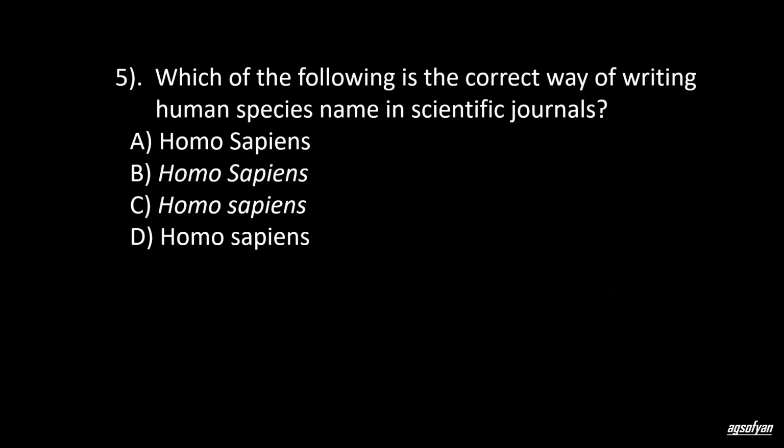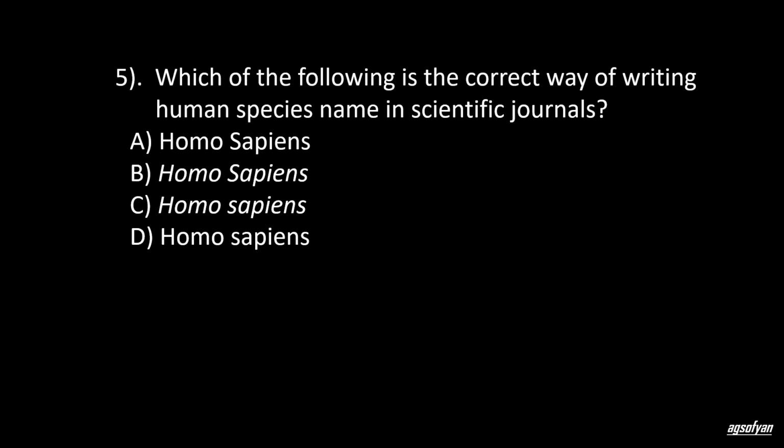Okay, number 5. Which of the following is the correct way of writing human species name in scientific journals? Okay, remember, it has two names. Okay, the first name starts with capital letter. The second name starts with lowercase.